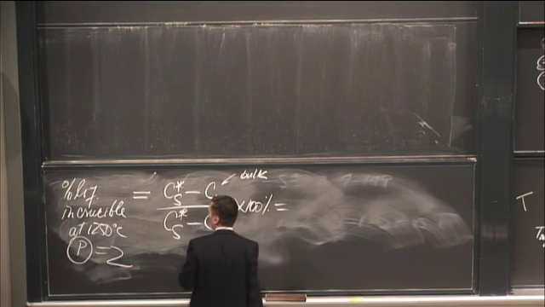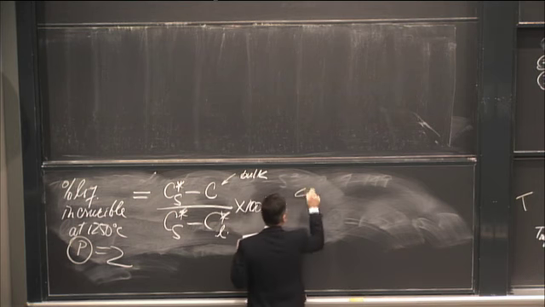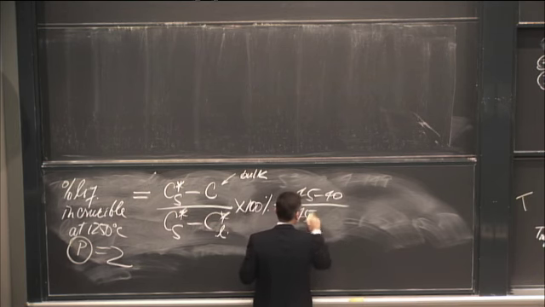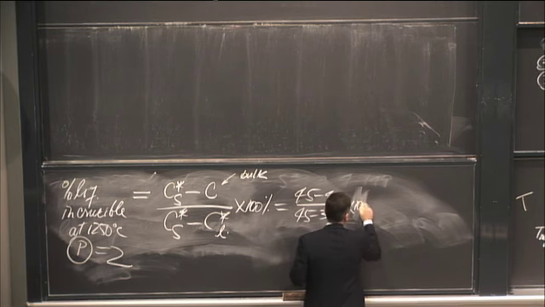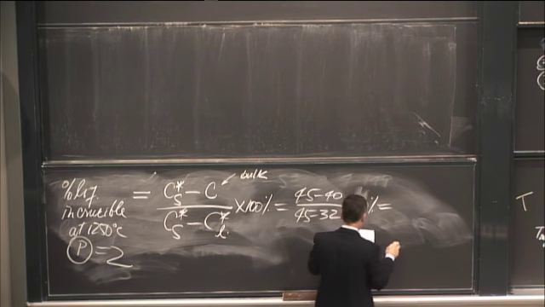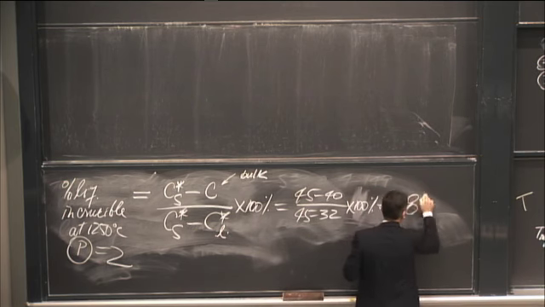So you get a percent, and the number here is going to be 45 minus 40 over 45 minus 32, and that works out. Got to multiply by 100, or else there'll be complaints. And then this turns out to be 38%.